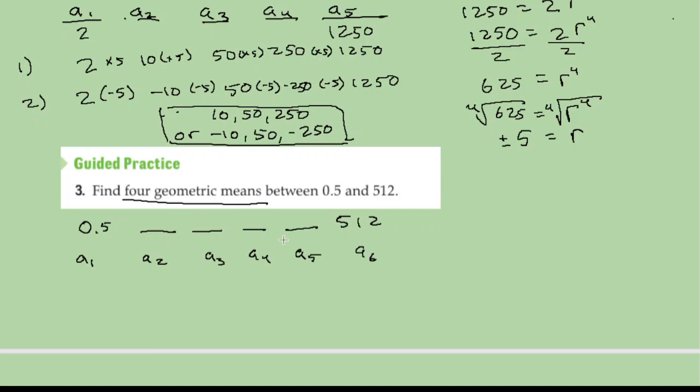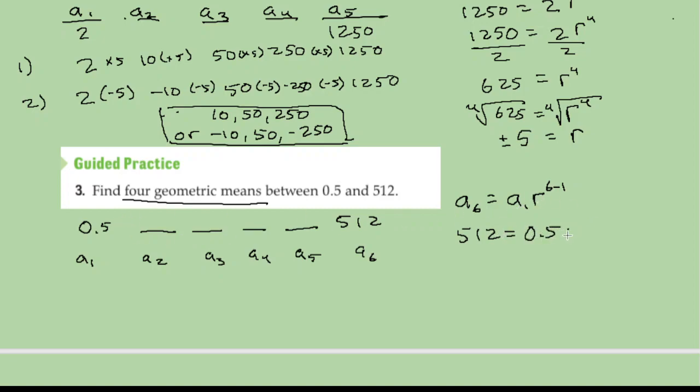So now I know my A1 is 0.5 and my A6 is 512. So basically A6 is equal to A1 times R to the 6 minus 1. Let's put in our numbers. A6 is 512. A1 is 1/2 or 0.5.